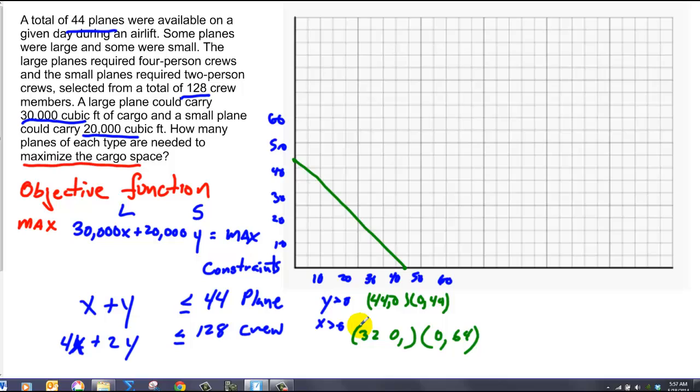And then I need to graph 32 and 0. 32 puts me around here. 64 puts me about here. Connect those two. It's close. So here's the intersection point. Shading below on both.